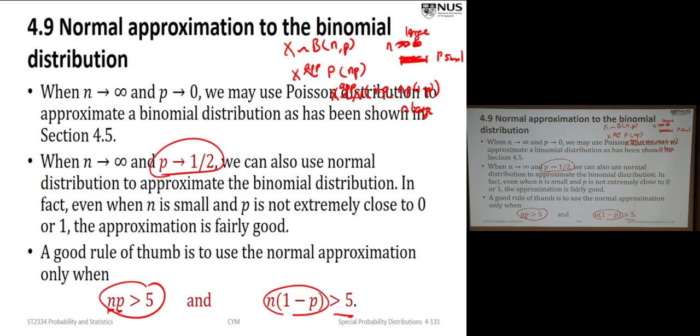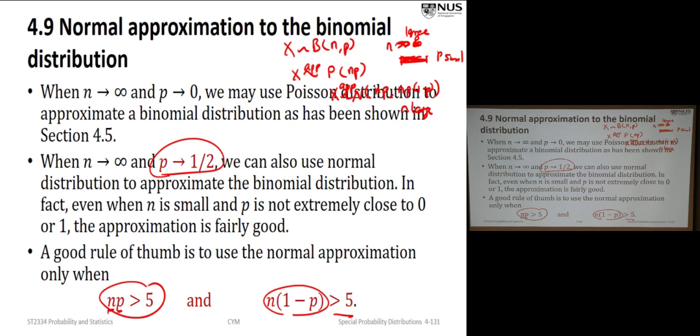Then obviously you have this question: which one should I use, Poisson approximation or normal approximation? Now, the normal distribution is symmetric. If you go back to look at the graph that I showed you, when p is very small or very big, the binomial distribution is very skewed.